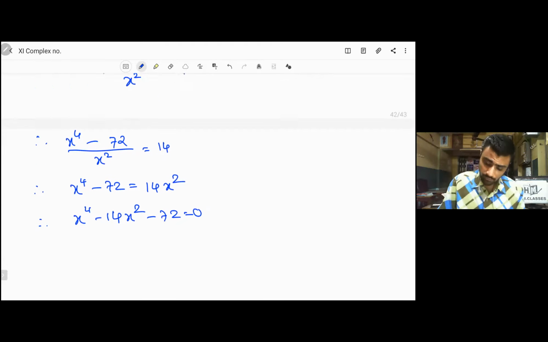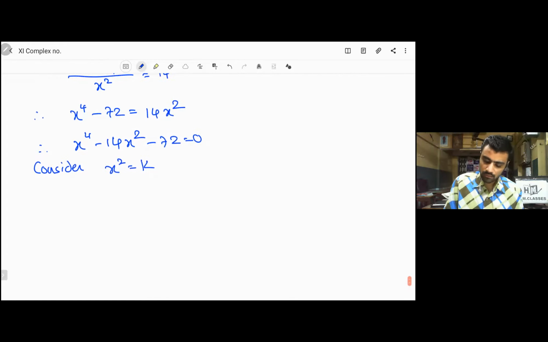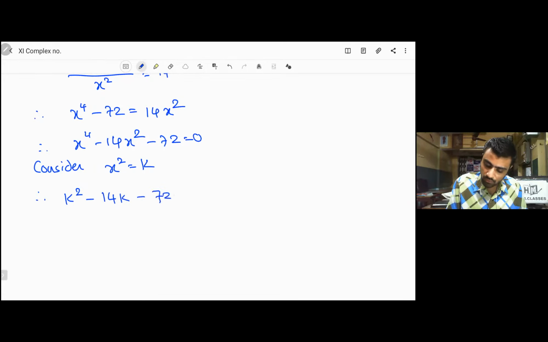Now, you do have consideration. Consider x square is equals to k, and therefore this reducible quadratic equation will become k square minus 14k minus 72 equals to 0.